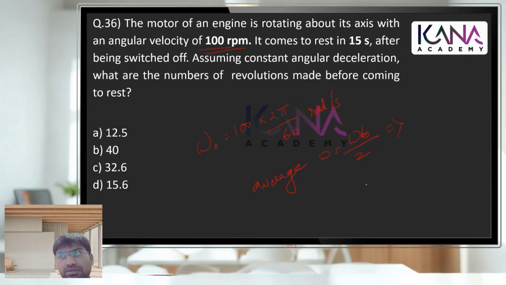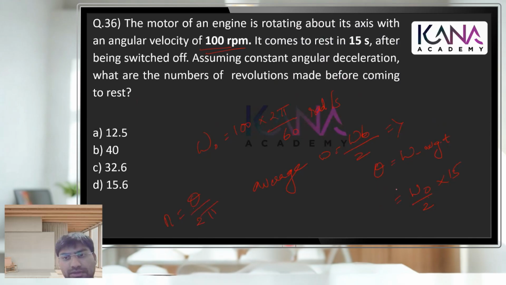So if you substitute, this implies theta is omega average times t. So this will be omega by 2 into t, where t is 15 seconds. And revolutions n is theta by 2 pi.